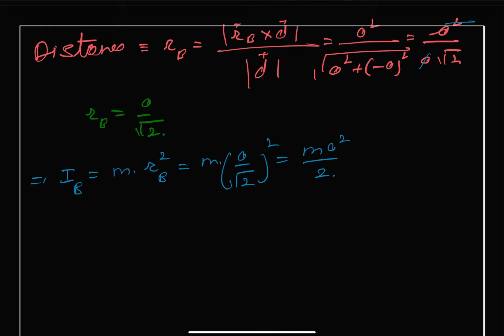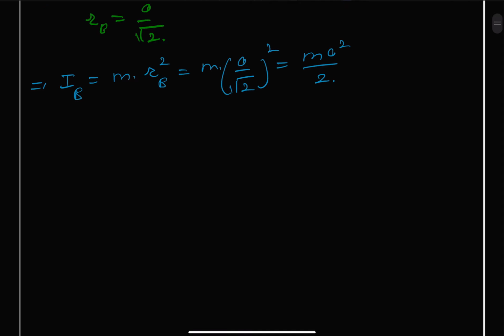Now we come to C. Mass at C is given as A comma A comma 0. So the position vector, that is r of C, will be equal to A comma A comma 0.